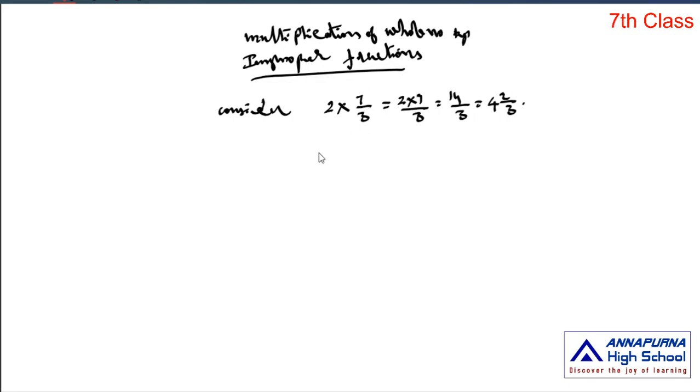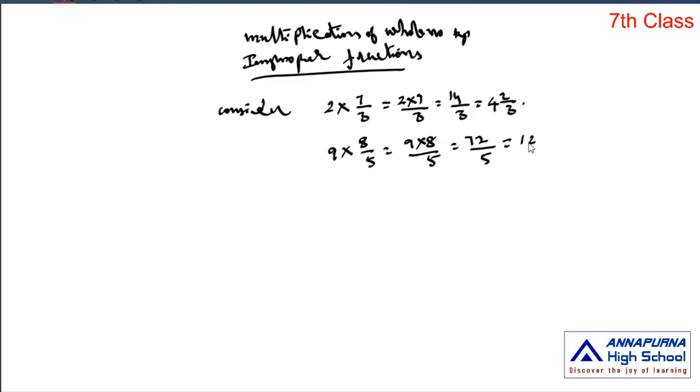That's it. Tell me one more whole number, say 9 into 8 by 5. This is also the same, 9 into the numerator, 8 by 5. So 9 8s are 72 by 5, which is equal to, in 72, how many times 5? 5 1s are 5, 5 2s are 10.